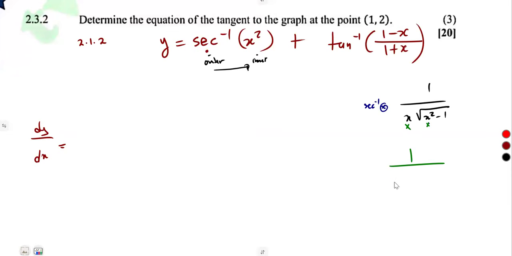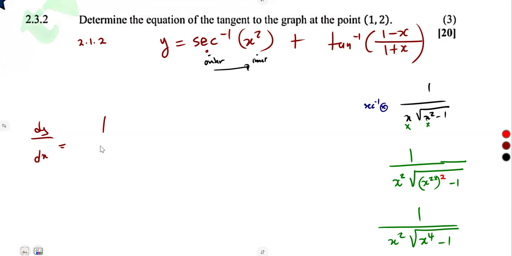So it was going to be 1 over x squared, the square root of, in place of x, you put x squared, but it is already raised to the exponent of 2. So exponents multiply, and that's x to the exponent of 4 minus 1. So this is what you're going to have: 1 over x squared, the square root of x to the exponent of 4 minus 1.